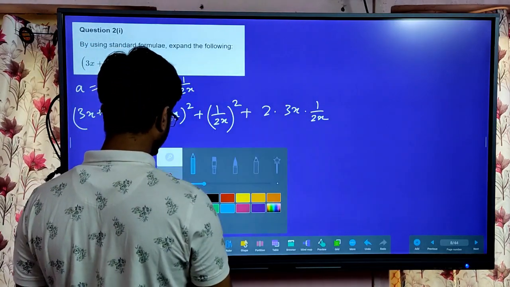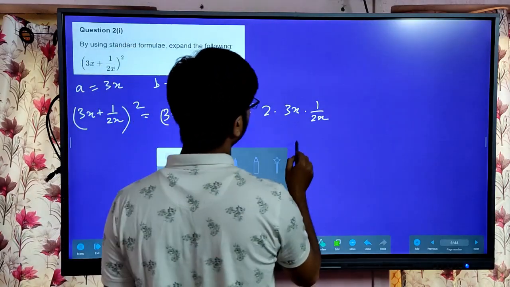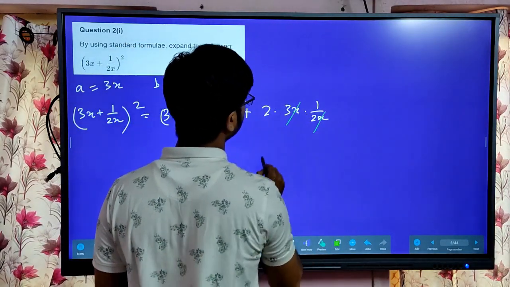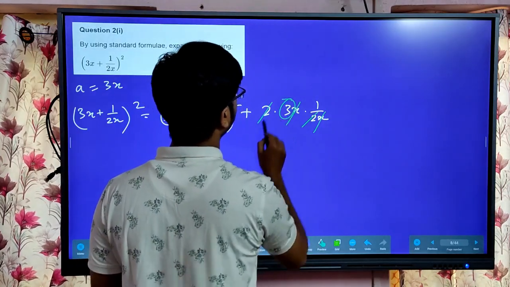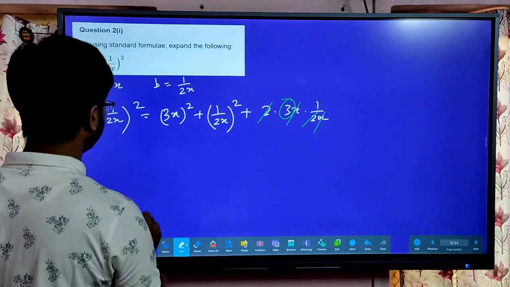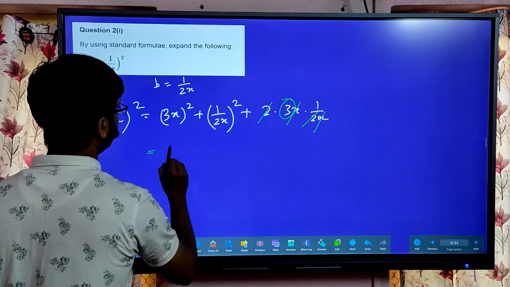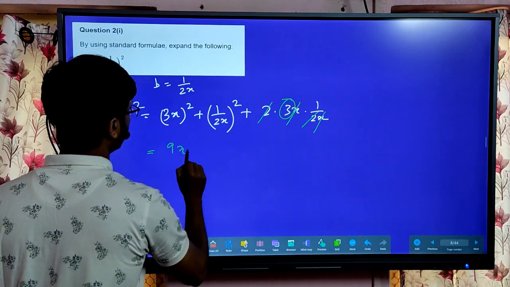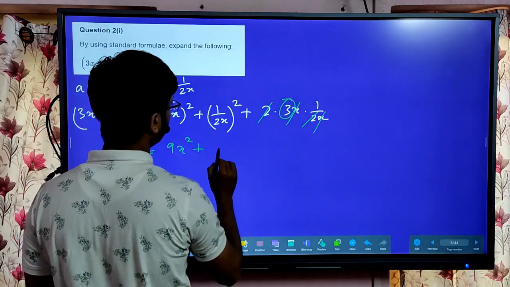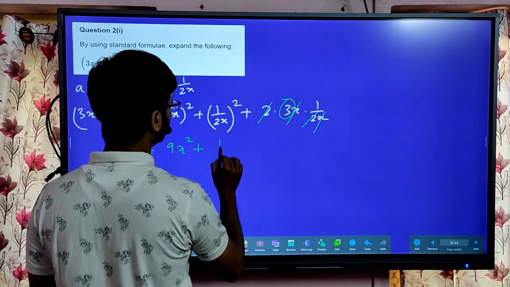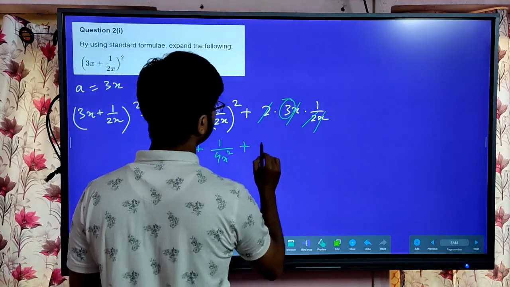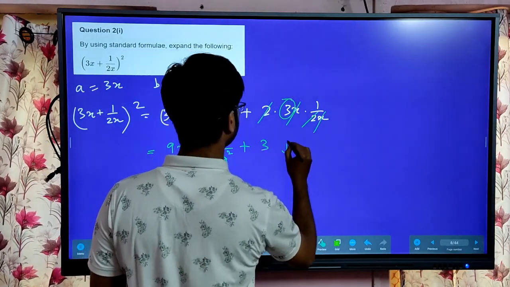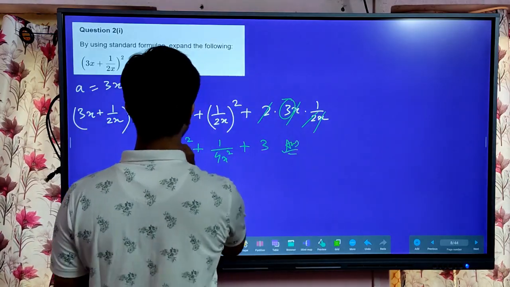If you strike off the x, and this 2 will get cancelled out with this 2, so only 3 will be remaining. So the final result will be 3x square is 9x square plus (1 by 2x) square will be 1 square is 1, so it will be 1 by 4x square plus 3. So this will be the answer.